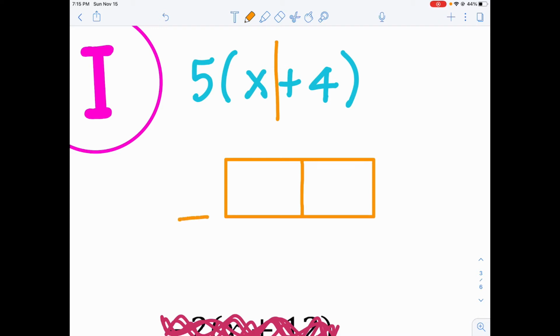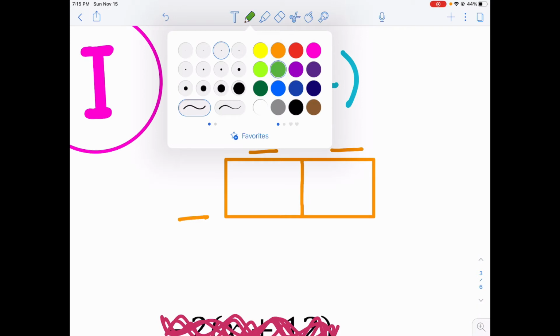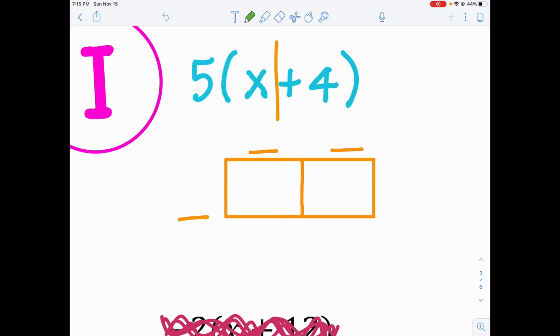Now, the next thing I want to do is fill what goes around the boxes. The number in front of the parentheses is the number that goes in front of the boxes. The first term in the parentheses is the first term above the first box. And then the second term with that operation sign goes above the second box. So plus 4 is like having a positive 4.